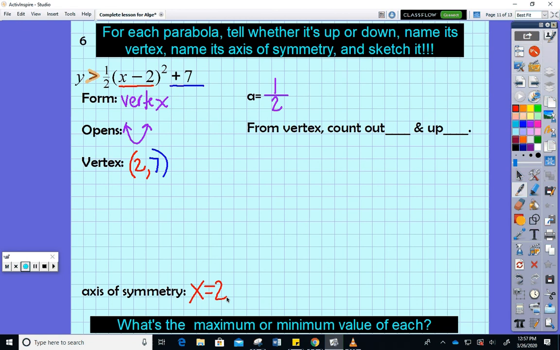So what I need to do is start my graph. The vertex is 2, 7. I need to make room to go all the way up to 1, 2, 3, 4, 5, 6, 7. So 2, 7 will be here. This guy opens up, so I'm going to make my axis of symmetry extend above the vertex.